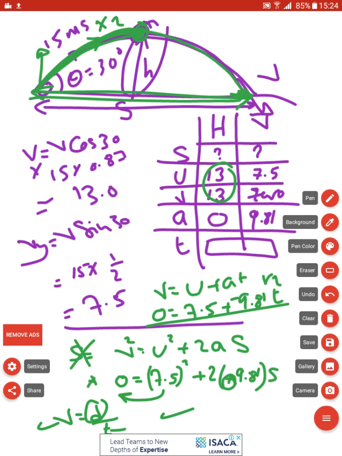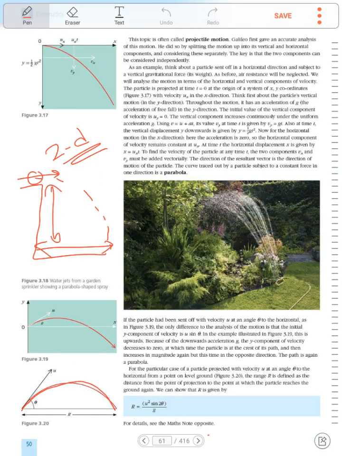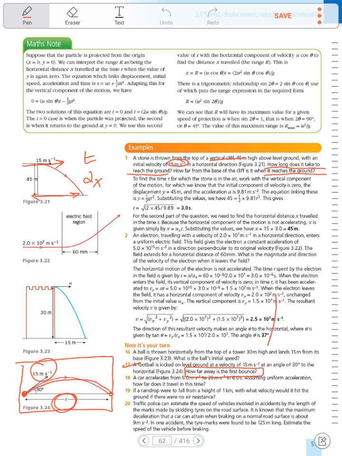There is another way which is easier than this to find the distance, or the range traveled. You just use this equation: the range R equals u² sin 2θ over g. u is the initial speed of the object at the beginning, which is 15 meters per second.